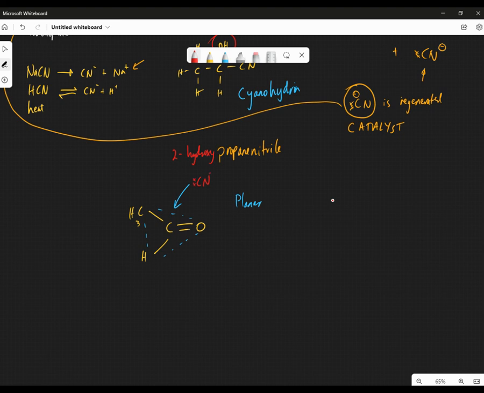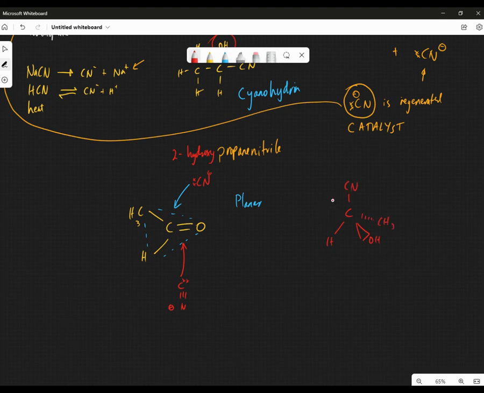There's my lone pair, minus. Or it can attack from the bottom of the plane. All right, there's my same thing attacking from the bottom. So if it attacks from the top, we get this kind of thing: OH, CH3 and CN.